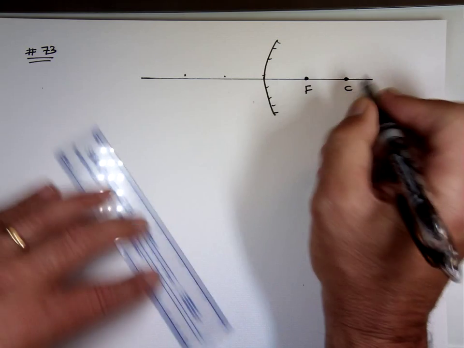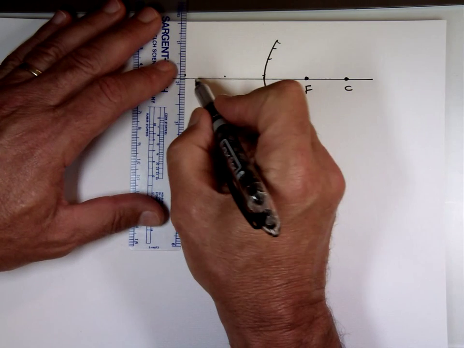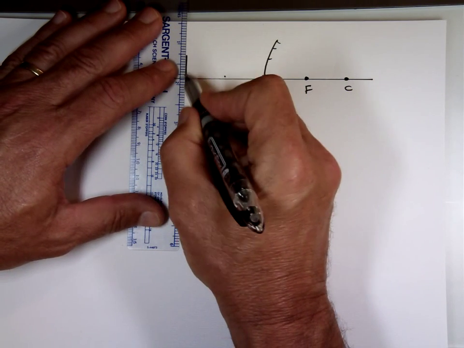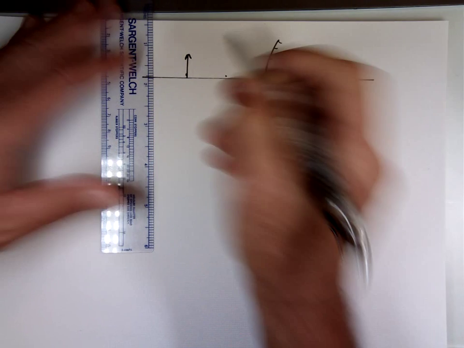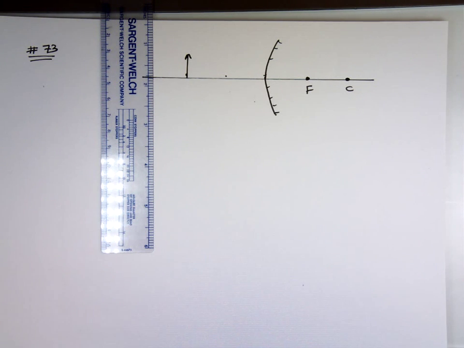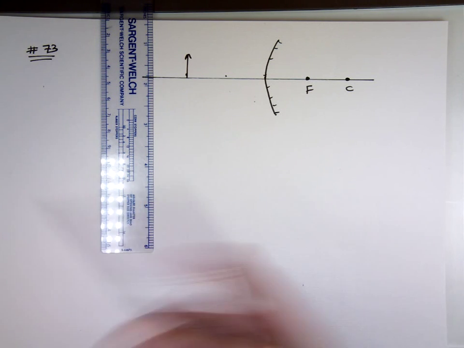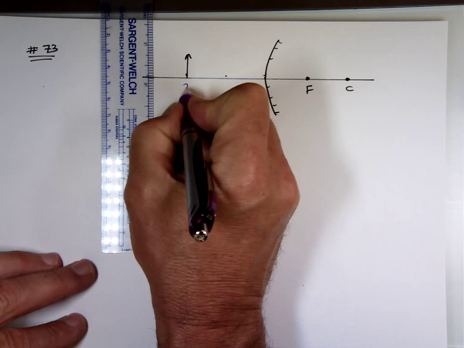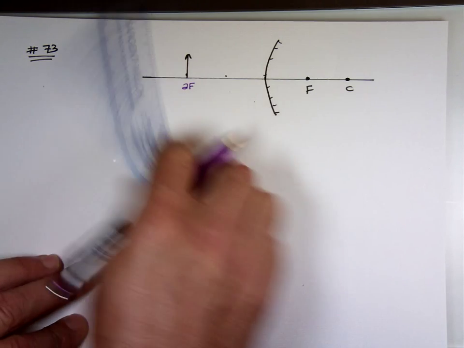The object was right here, twice that distance. And it doesn't tell us what numbers. This is F, this is 2F, excuse me.